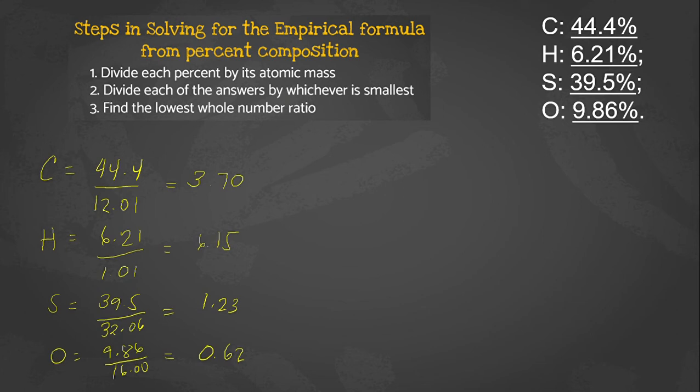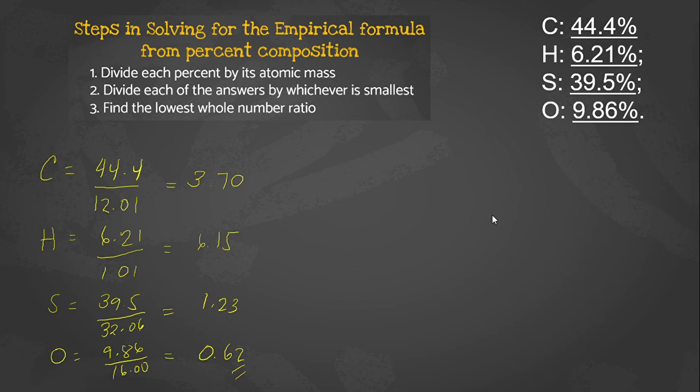So, divide each of the answers by whichever is the smallest value. So, sa mga yan, ano yung pinakamaliit na value? Ang pinakamaliit na value ay ito. We have 0.62. So, ang gagawin natin, we are going to divide all of these answers by 0.62. Palitan natin ng color.